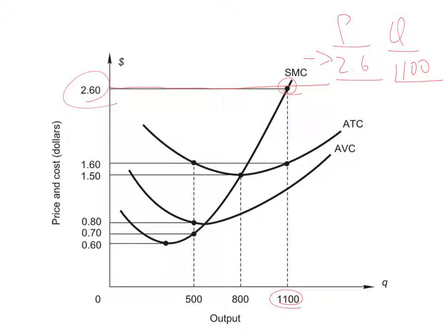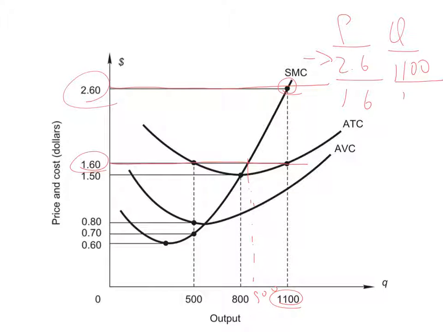So let's try another price. Let's go to $1.60. At $1.60, marginal revenue and marginal cost would be equal, well, I don't have an exact value here, but let's say that's, maybe, I don't know, maybe 900.